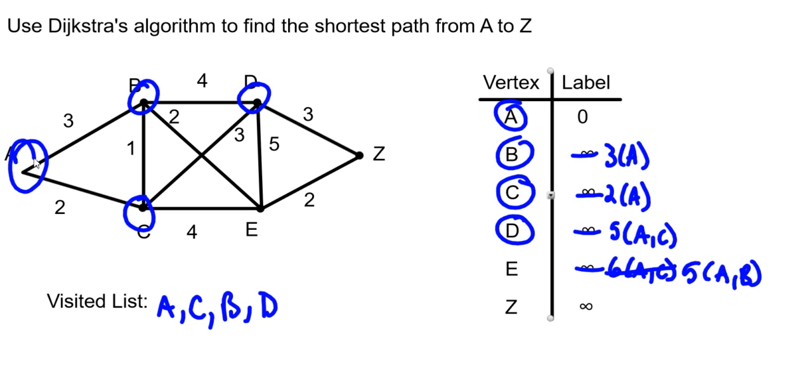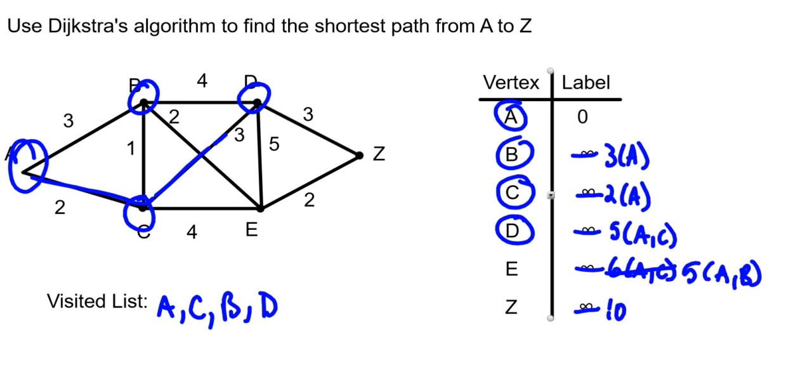From D, we can reach E at a cost of 12, but E is a lot cheaper to go directly from B. But we can also reach now Z at a cost of 10. Right? If we go from A to B, actually, sorry about that.